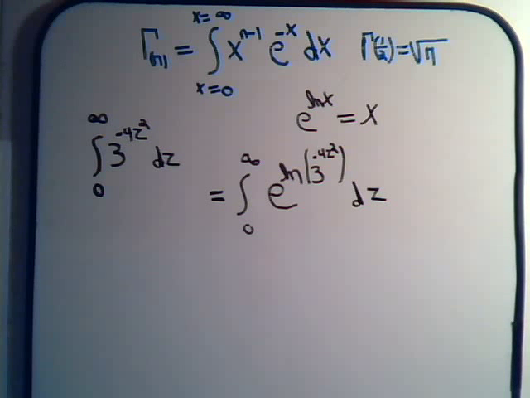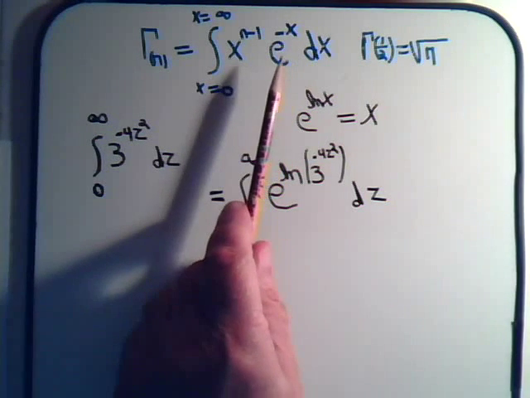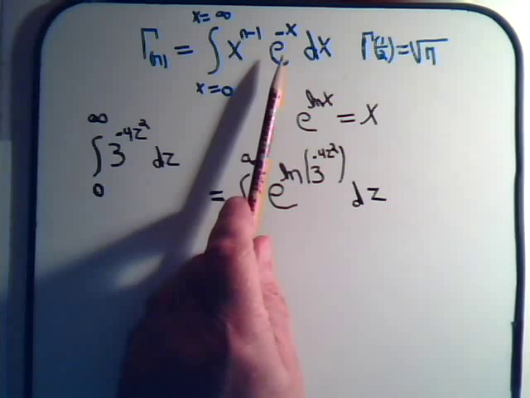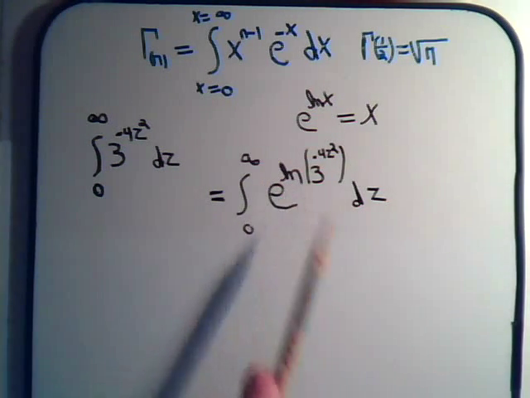Now, if we have it in this form, we still have a problem, because here we have e to the minus x, or e to the minus variable, and here we have e to the natural log of something.